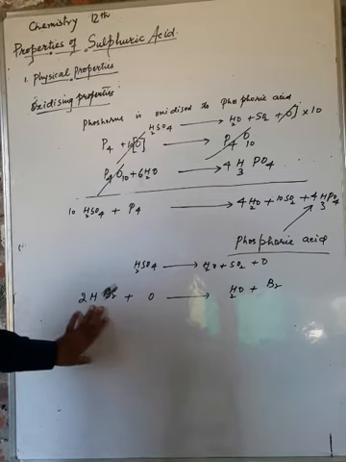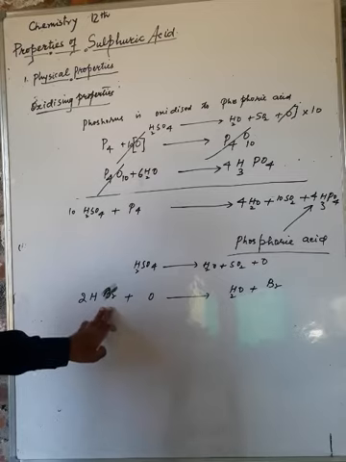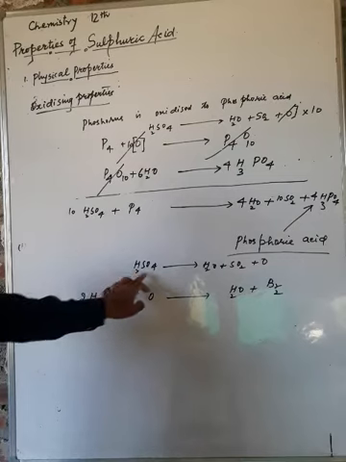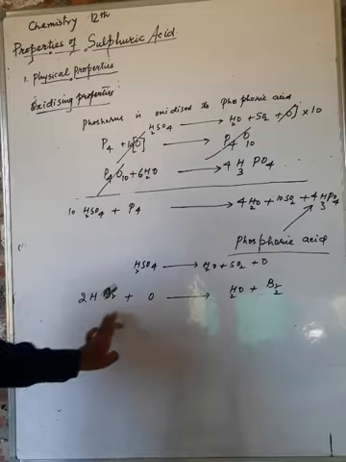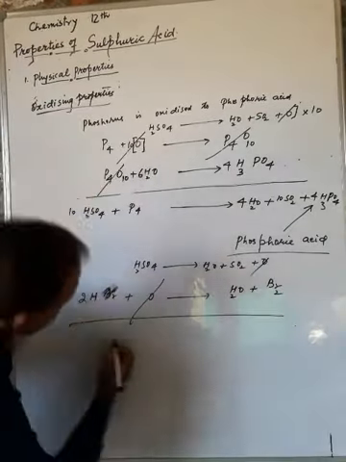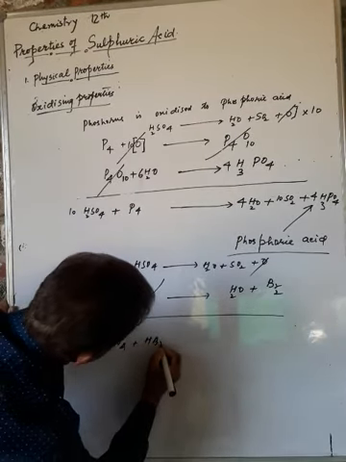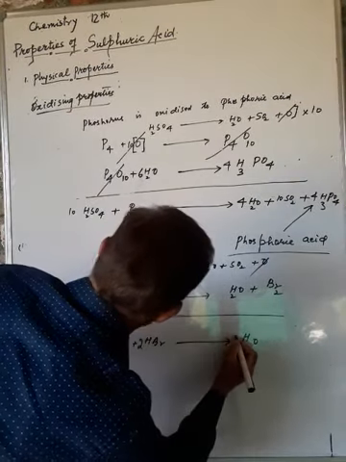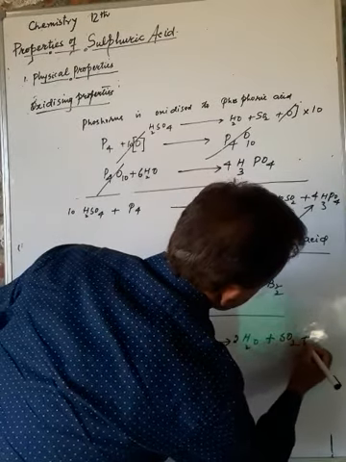So when the halogen acid is combined with sulfuric acid, it liberates the halogens. Bromine is liberated here. The overall reaction will be H2SO4 plus twice HBr forms twice H2O plus SO2 plus bromine.